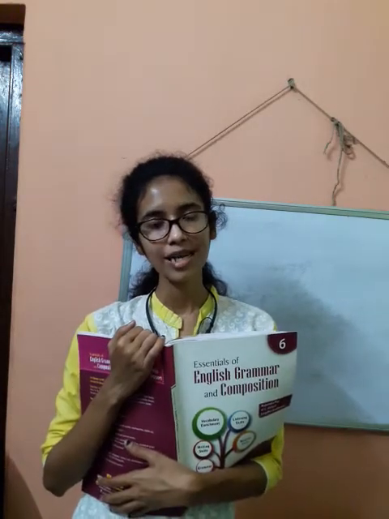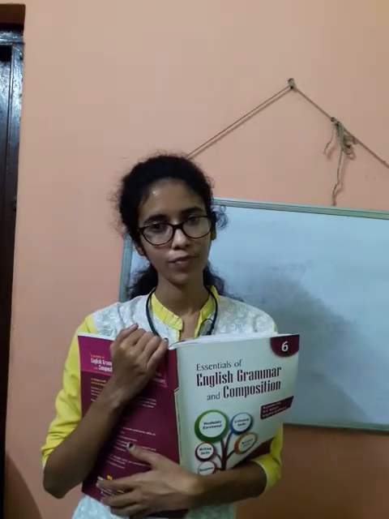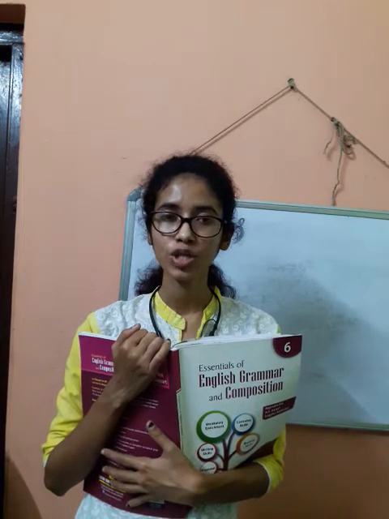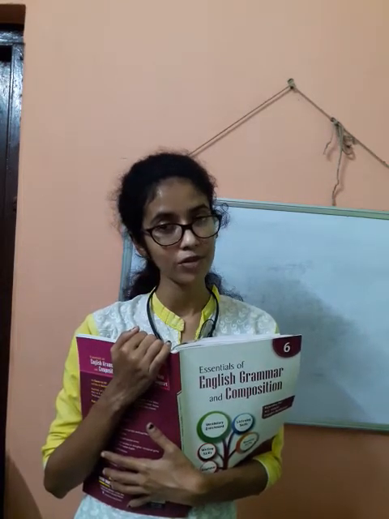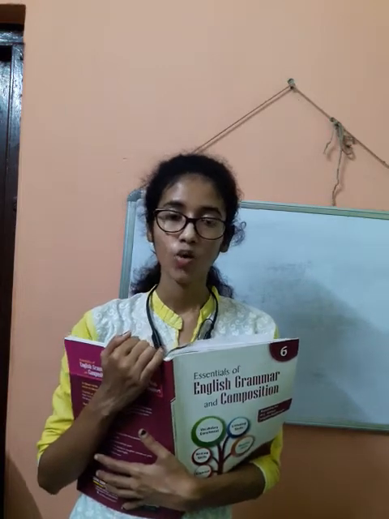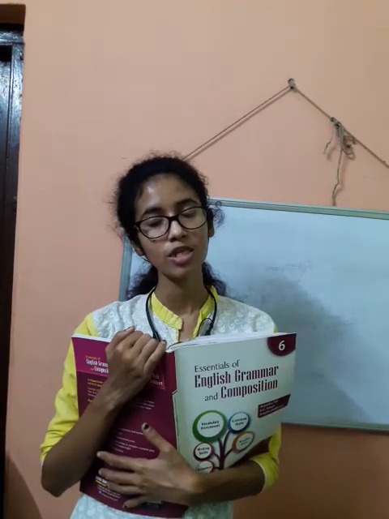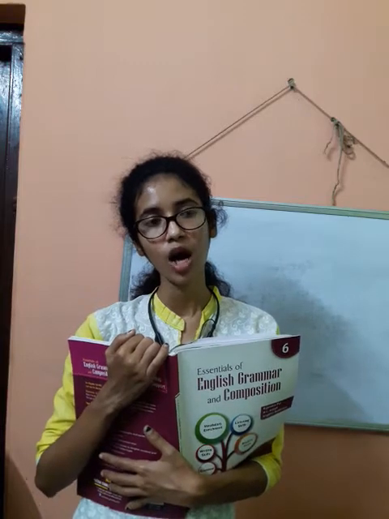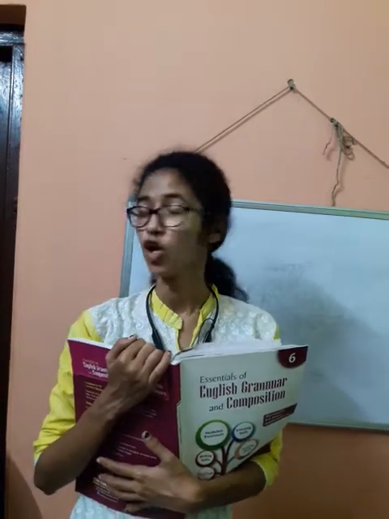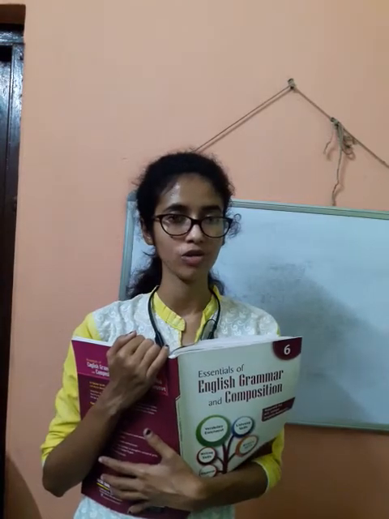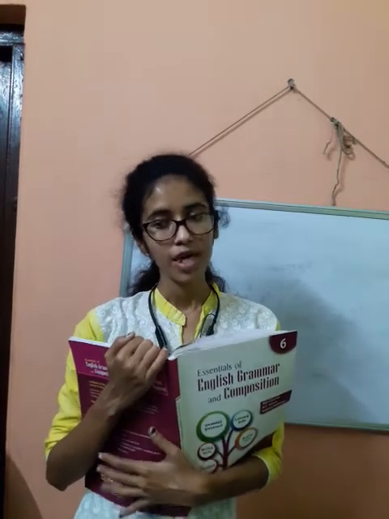We cannot say send the letter to I. We always need to use the accusative form of a pronoun when it is used after a preposition. Okay, remember this. When it is used after a preposition, the pronoun should be in its accusative case, not in nominative case or possessive case. Okay, so that's it. There is nothing else.